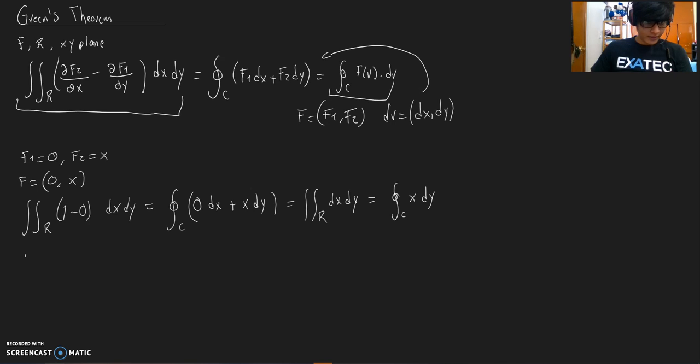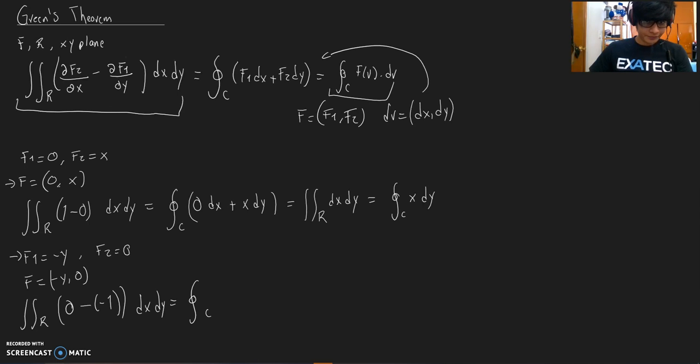And now if we have that f1 is equal to minus y and f2 is equal to 0, hence we have f equal to minus y, comma 0, then we will have the double integral over the closed bounded region of the derivative of f2 with respect to x, that will be 0, minus the derivative of f1 with respect to y, that will be minus 1, times dx dy, which is equal to the line integral over the closed curve of f1 dx plus f2 dy.